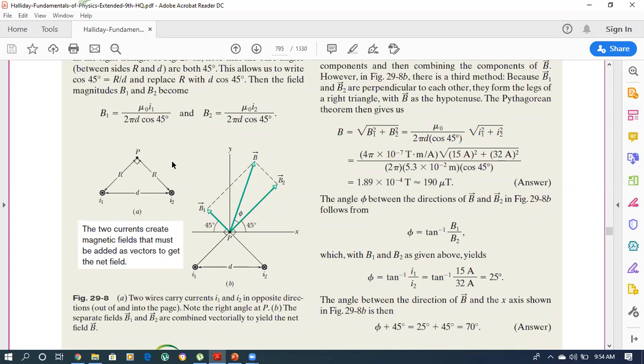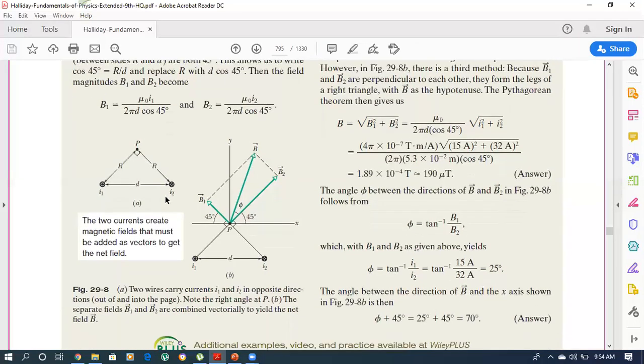One method to determine the direction is to simply apply the right hand rule for both the wires. One is into the page, one is out of the page, so we can determine the net direction of the magnetic field.